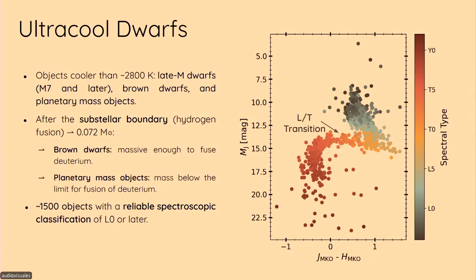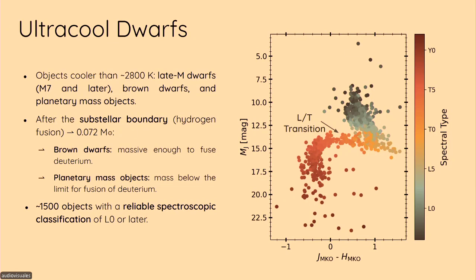And then we can find substellar objects known as brown dwarfs and planetary mass objects. And to understand the difference between these two latter ones, we have to go to the substellar boundary, which is the limit at which hydrogen fusion can happen in the interior of a stellar structure. And this substellar boundary is equivalent to a stellar mass of 0.072 solar masses.